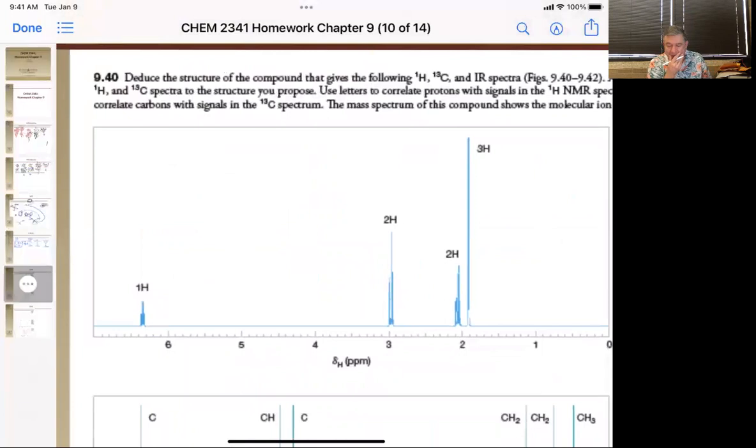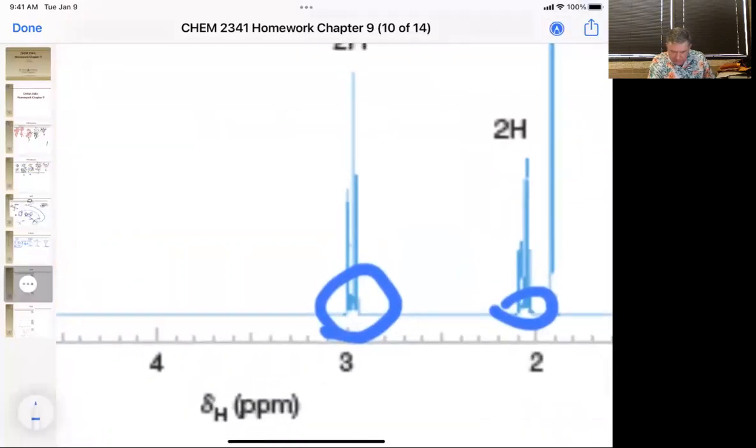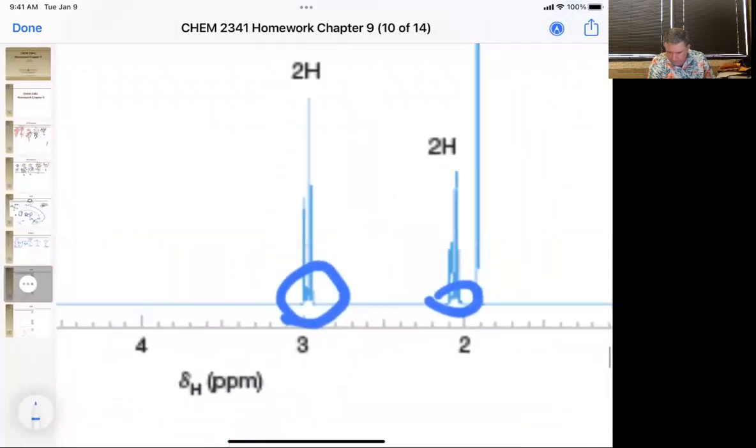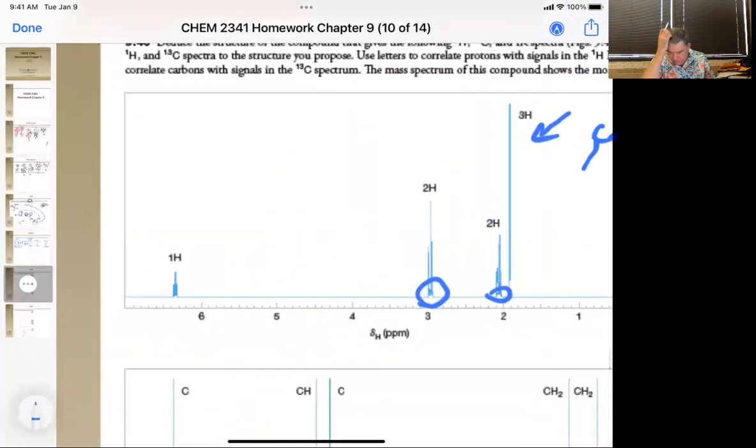Okay, so let's think what we know. This right here is a CH3 group next to no hydrogens because it's a singlet. We have a 2 hydrogens and a 2 hydrogens, and they look a little bit messy, not pure CH2s, or you can't really quite tell.